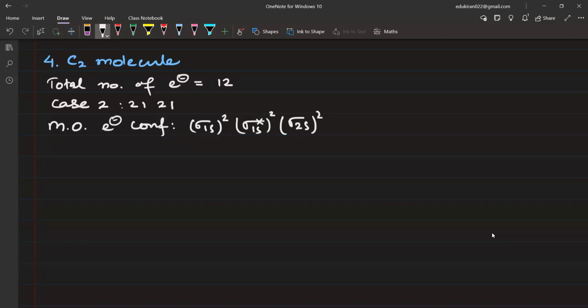After that Sigma star 2s2. बाकी कोई नहीं बोलेगा? हाँ अब आगे क्या आएगा बताइए. Pi अब आ जाएगा. Pi 2px. Very good. Pi 2px is equal to Pi 2py. Then I will make the orbitals इस तरह से.